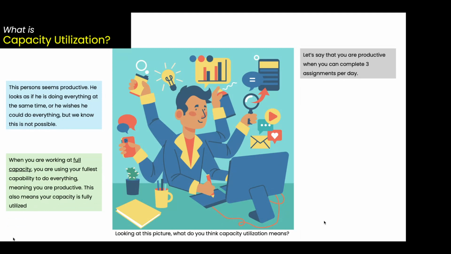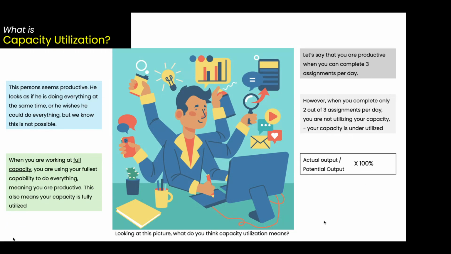Let me give you an example. If you are a student and you have multiple assignments to complete, and you are able to complete 3 assignments per day, let's say that is your productivity level per day. When you complete only 2 out of 3 per day, it is assumed that you are not utilizing your full capacity, or it is underutilized.